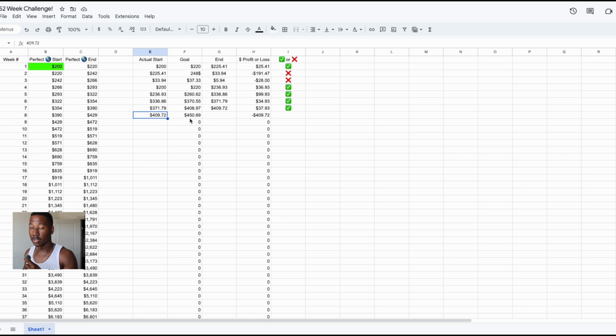Our goal is going to be just under 451 next week, so that's going to be about $41. So the profit that we made this week was just under $38. So this is moving up. It's looking good. So yeah, I'm digging it. We'll come back and yeah.